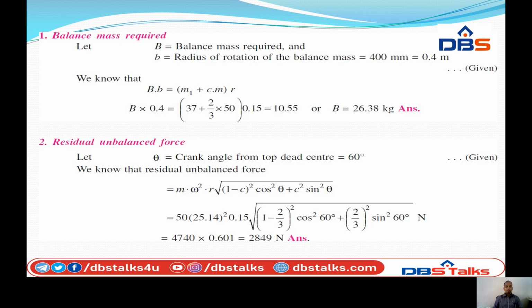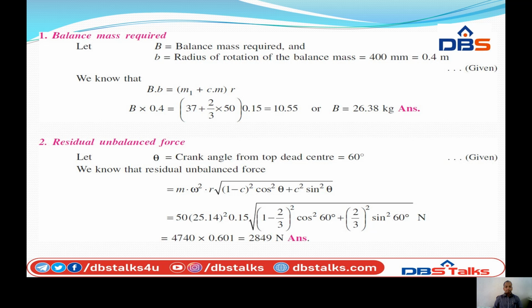Substituting, B into 0.4 is equal to small m1, that is 37, plus c, 2/3, into small m, the mass of the reciprocating parts, 50, into the radius of rotation 0.15. So finally, the mass of the balanced mass is 26.38 kg.